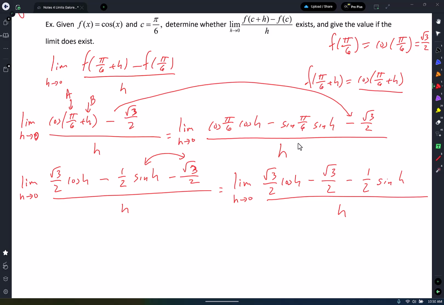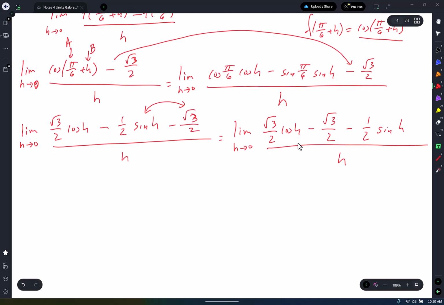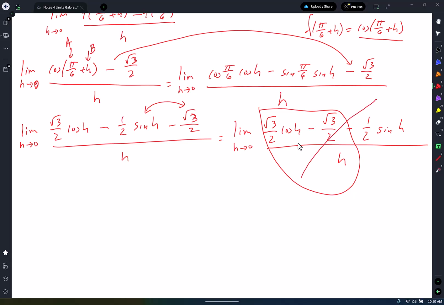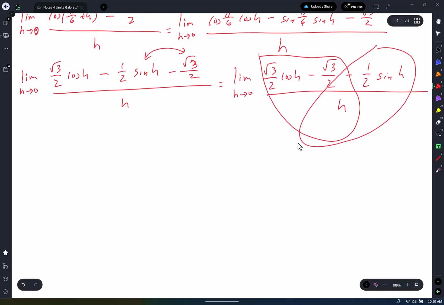Are we still okay? Okay, I'm giving you guys time. I'm going to start grouping them. I'm dividing by h, so I can group them however I see fit. I'm going to do these two and these two like that, using my limit properties.